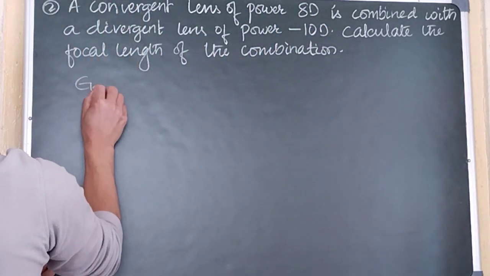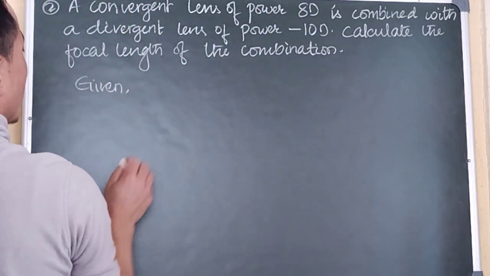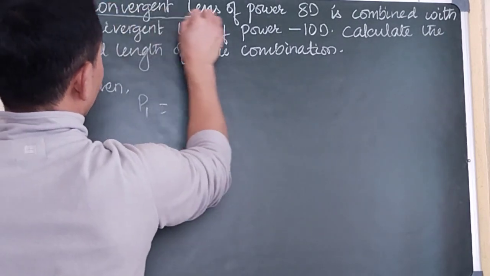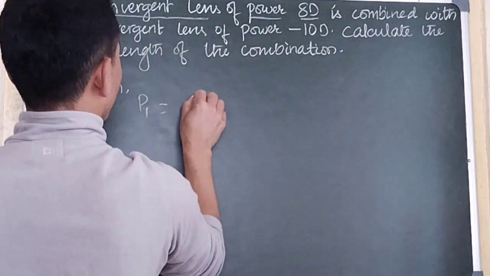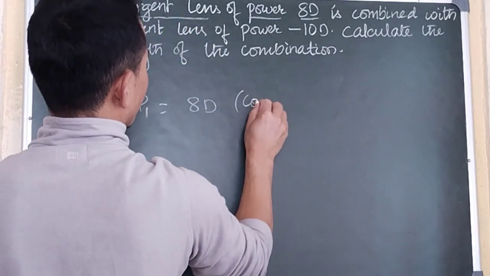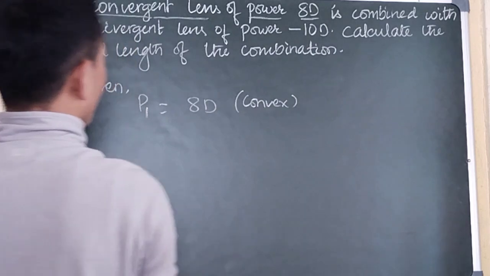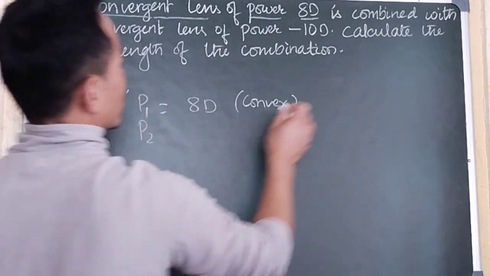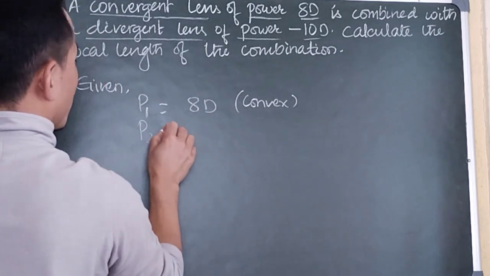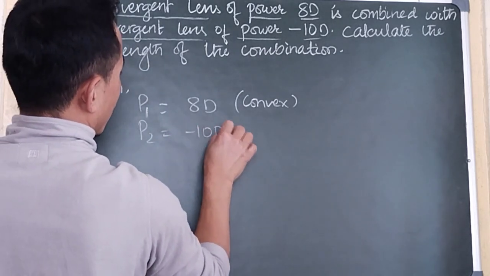So let's solve this. So given we have power in this case. So the power of the convergent lens is 8 diopter. This one is convergent, meaning this one is a convex lens. And the divergent lens has power minus 10 diopter.